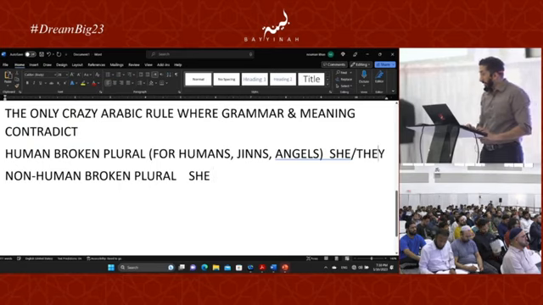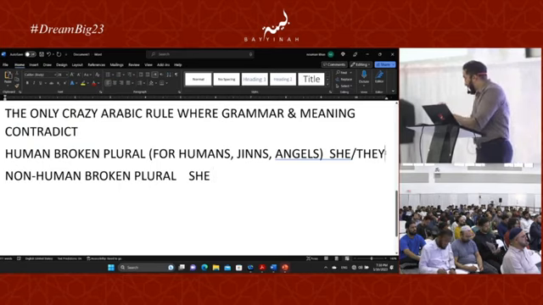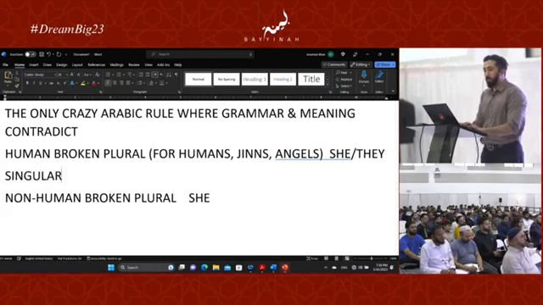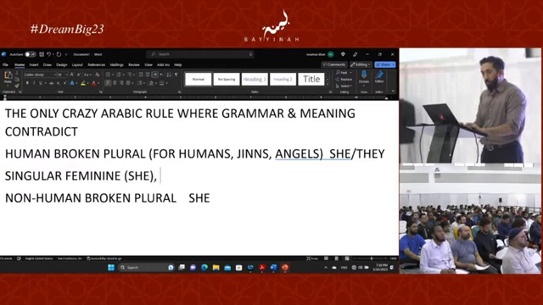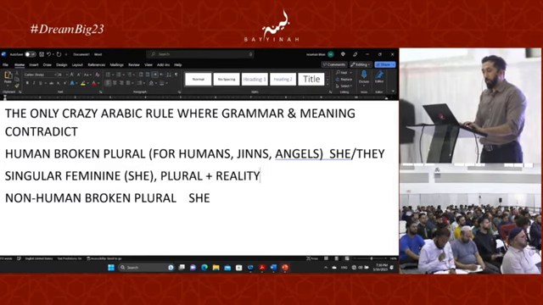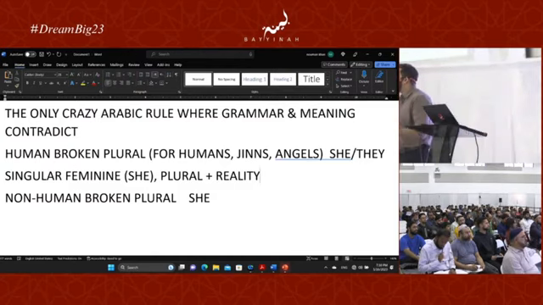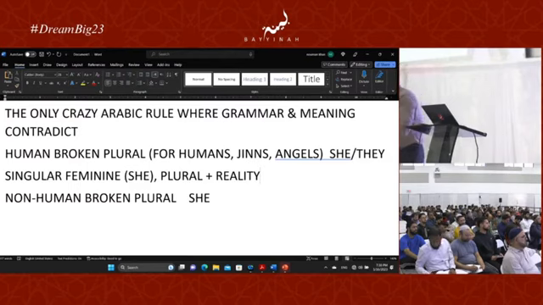In more technical language, she and they are shortcuts. But if you don't want to use the shortcut, the full version is: she means either singular feminine, that's the she, or plural plus reality. Plural, what do I mean by reality? If it's a broken plural for women, it's going to be plural feminine. If it's a broken plural for men, it's going to be plural masculine. So reality means, what are we talking about?